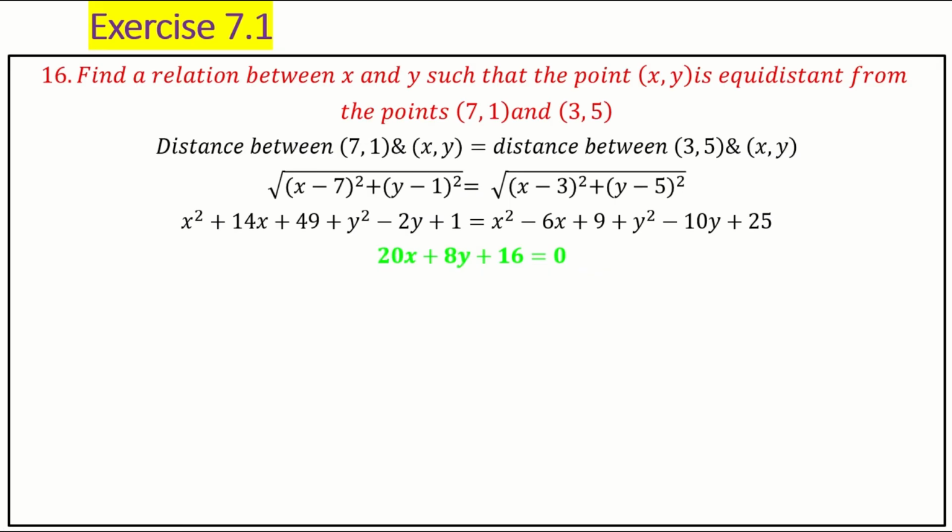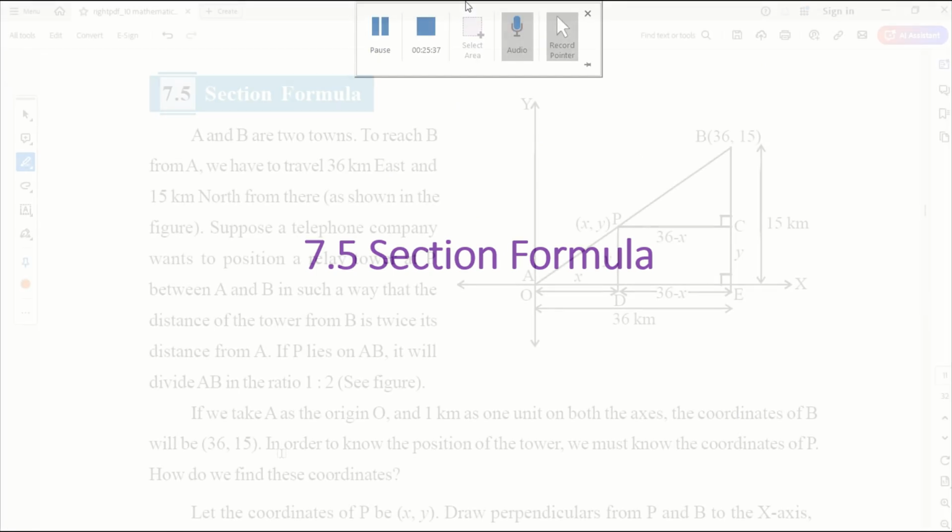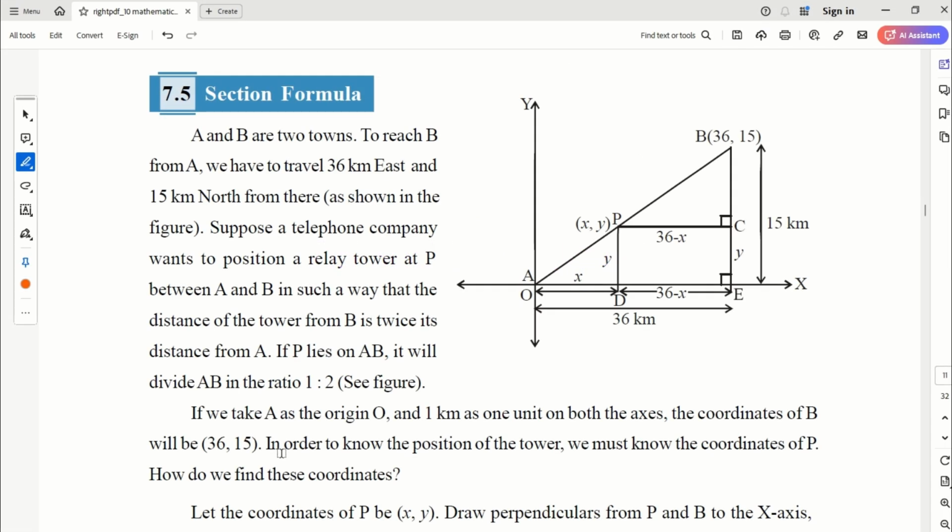Okay, now let's go to section formula. Section formula is all about dividing a line in the given ratio. A line segment is formed by how many points? You need a minimum of 2 points, right?